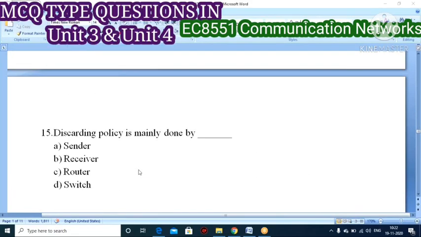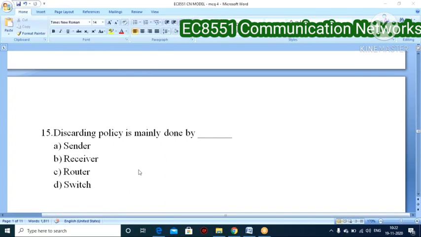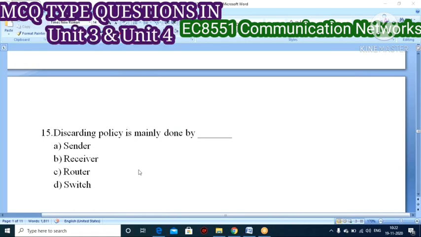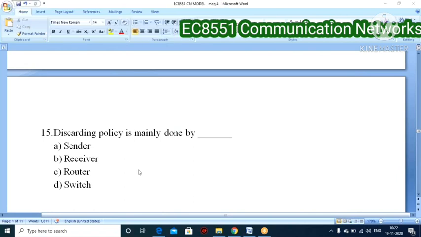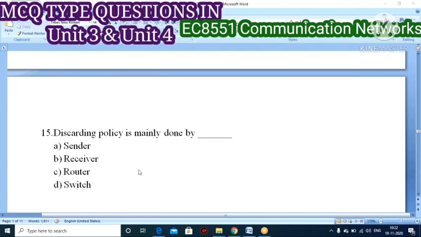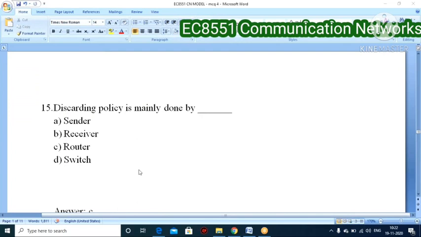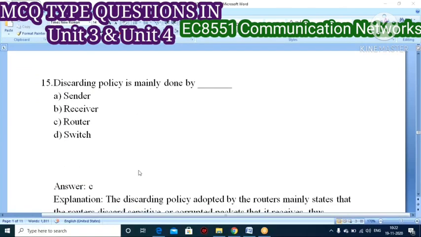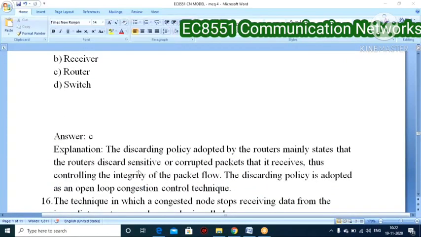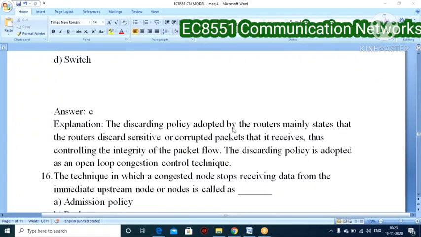Next question: discarding policy is mainly done by dash. Sender, receiver, router, switch. Okay, I'll give you the answer. Option C, router, because the discarding policy is adopted only by the router.